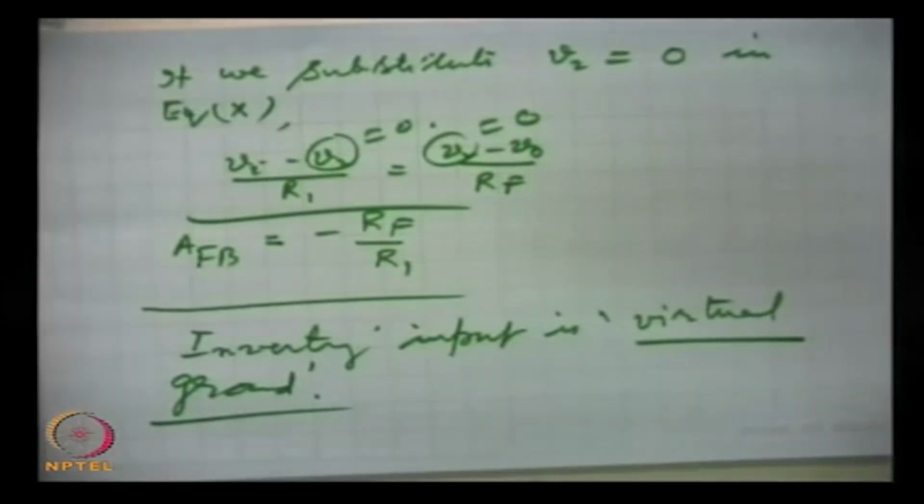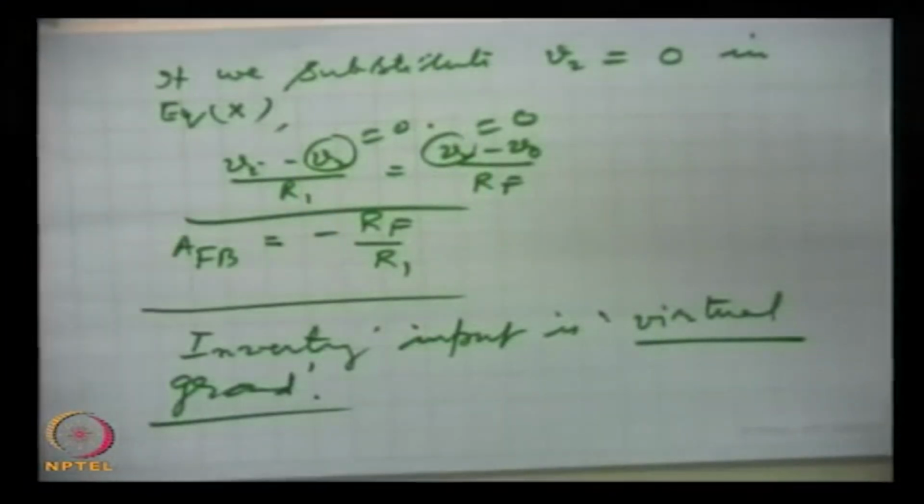Why ground? Because it is at ground potential. And why virtual? Because actual ground can take almost any amount of current, 100,000 amperes, whatever. But here, you know, only milliamperes can be absorbed in the device. So, it is virtual ground.